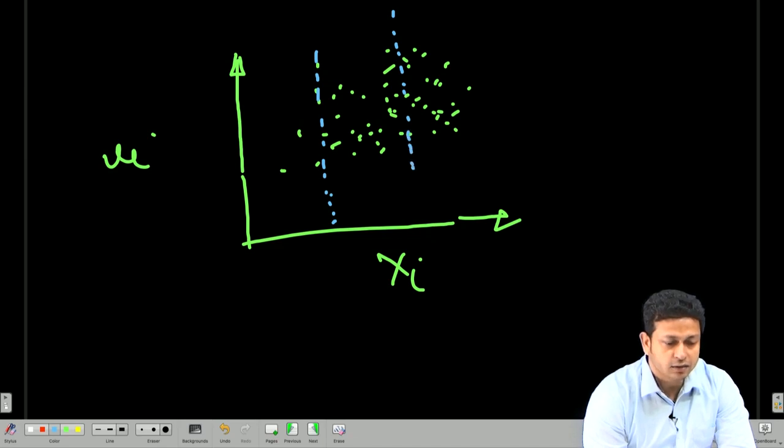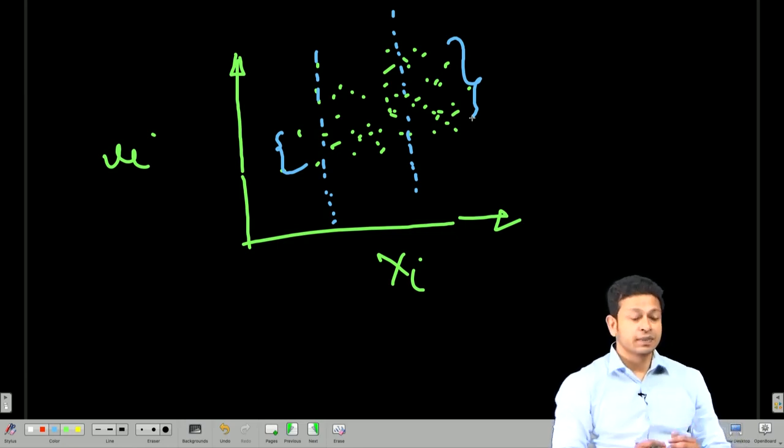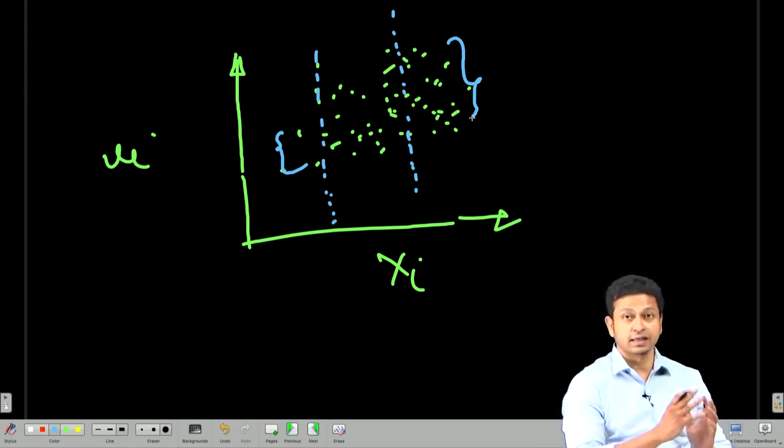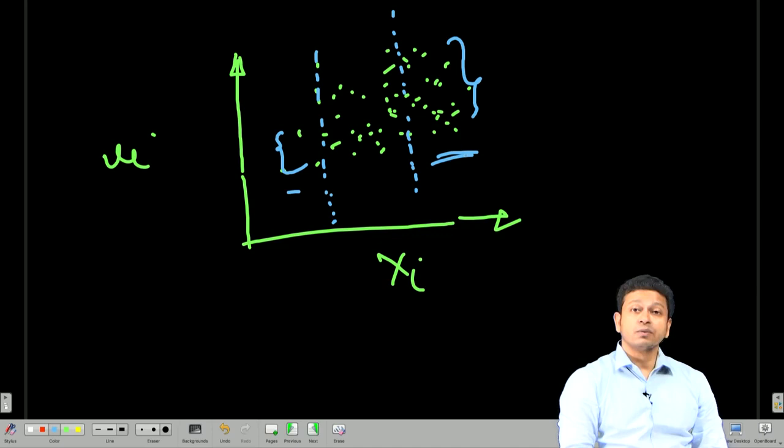What I will try to do is see if the variance of this part and the variance of this part are significantly different. If the variances are significantly different, say at the lower value of x and at the higher value of x, then we can say that there is heteroscedasticity.